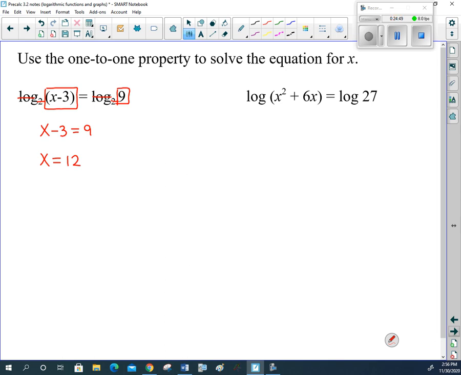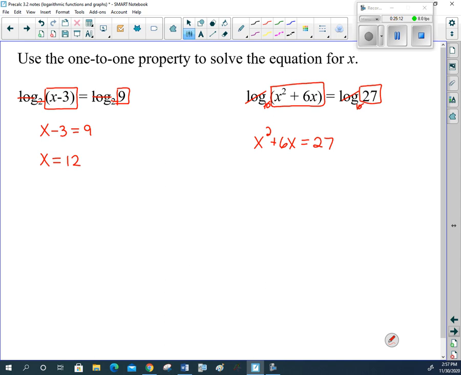Same thing over here. This says log. Now remember, that's a base 10, and we don't have to write that. I'm just showing you to help you remember. If you don't see it, it's a base 10. That log is the same as that log. They're both the same base, so all we have to do is worry about the argument. x squared plus 6x equals 27.